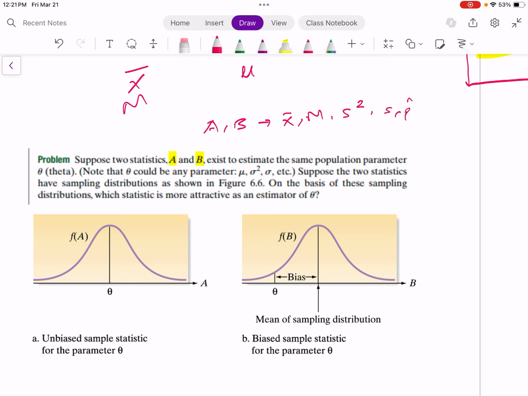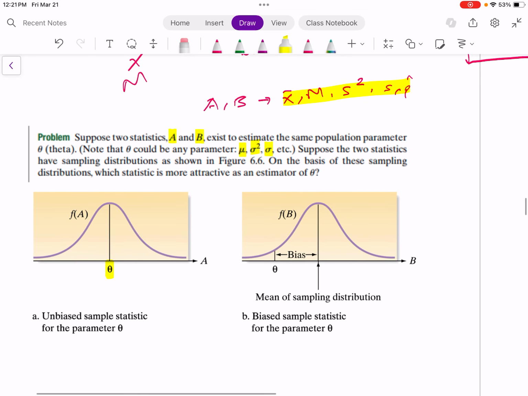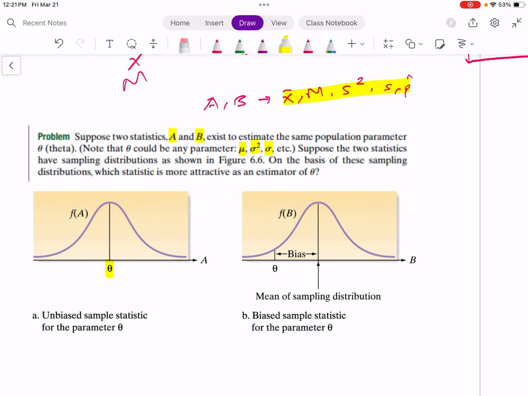These two statistics estimate our population parameter, let's call it theta, and theta can be mu, sigma square, sigma, p. And we have this smooth curve.